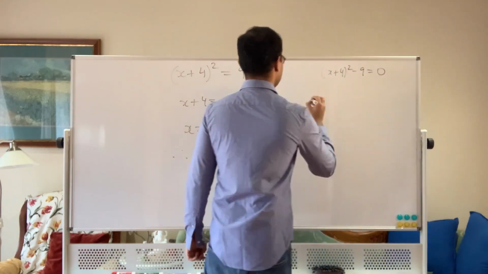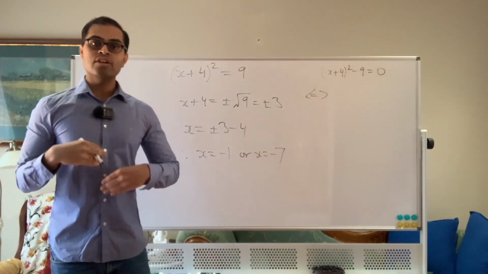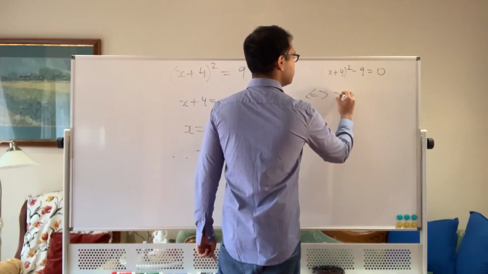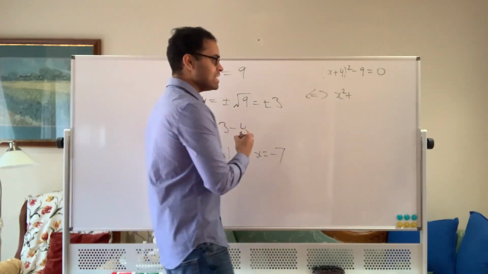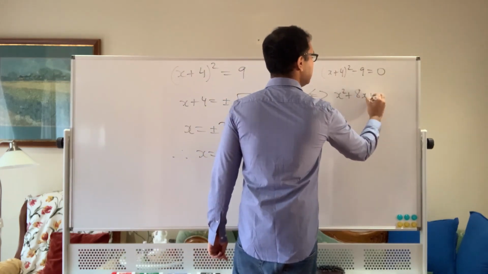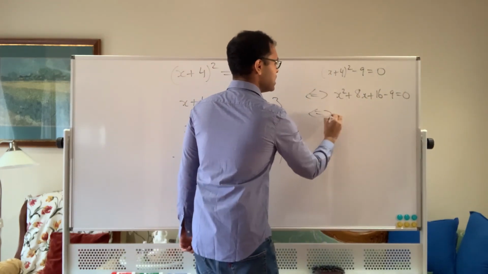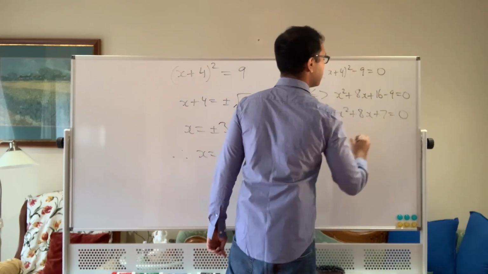That's the same thing as what we had there. If you expand out x plus 4 squared using the binomial theorem, x plus 4 squared is x squared plus 2 times 4 times x, which is 8x, plus 16, which is 4 squared, minus 9 is equal to 0. So that's the same as saying that x squared plus 8x plus 7 is equal to 0.